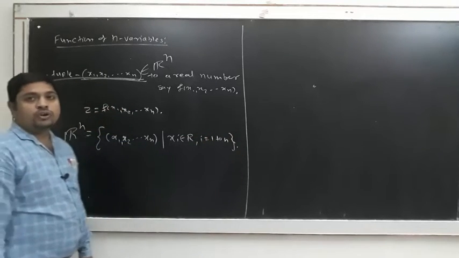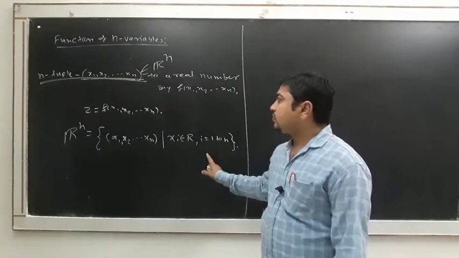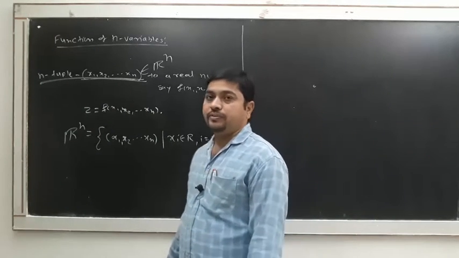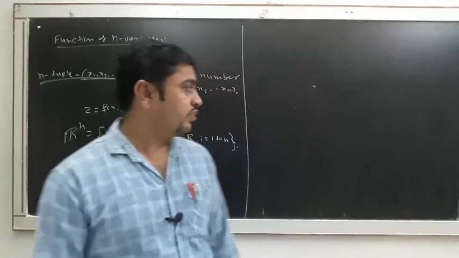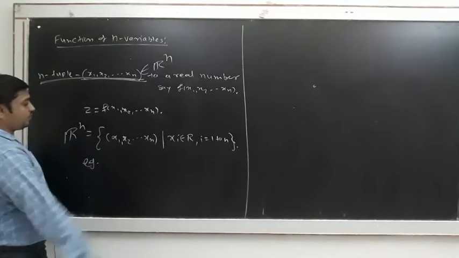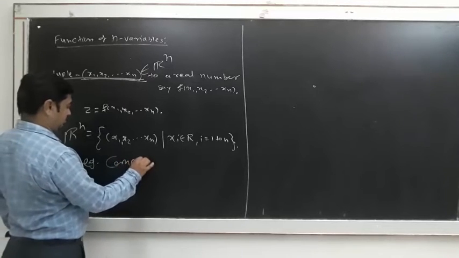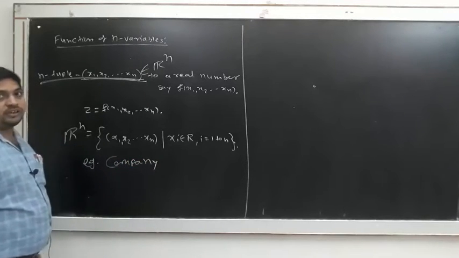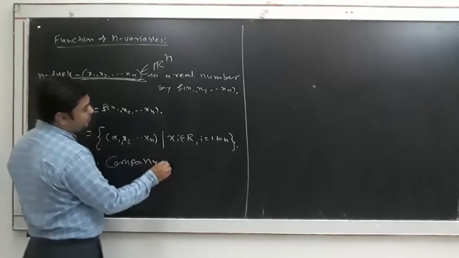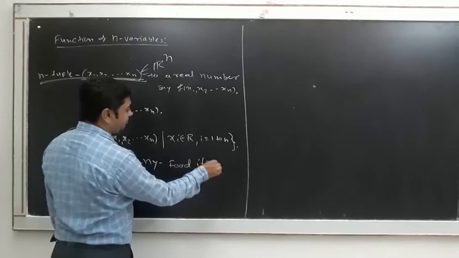So in a similar manner, we can say that a function is a rule. Now let us take an example of a function of n variables. Suppose there is a company making a food item.